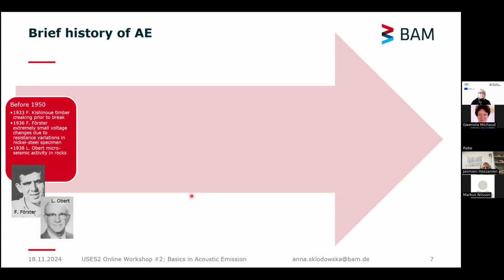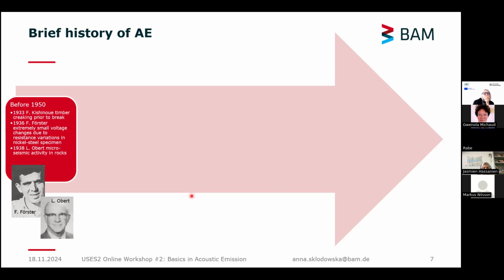The first mentions come from around 1933, where Kishinouye, sorry for the pronunciation, delivered the first and oldest report on a scientifically planned acoustic emission experiment. He was studying timber creaking prior to break, and this is where the first mention comes from.